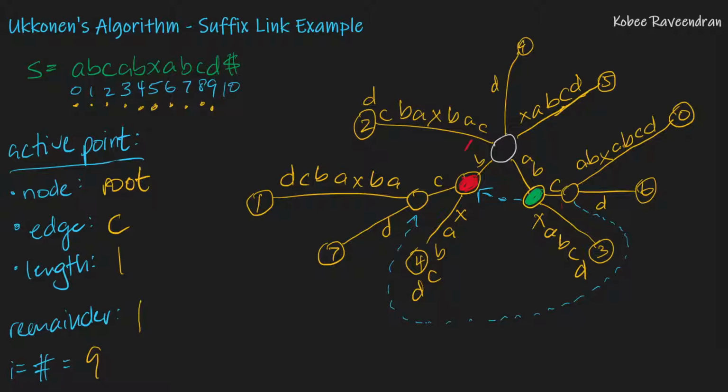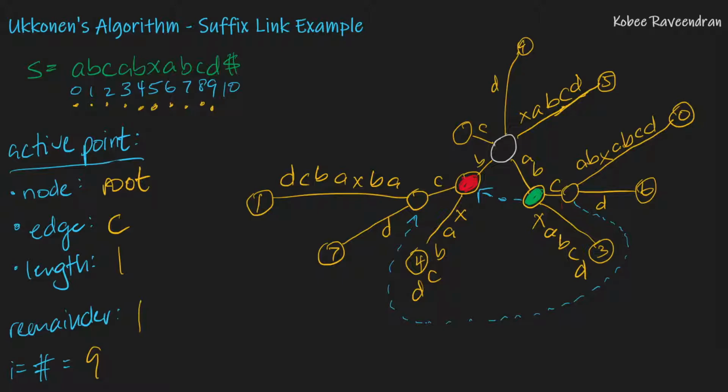So let's go ahead and make the branch, since we know that the characters on the edge differ from the new character we're taking in. So I'll go ahead and erase all this. Make a new internal node. And we had 2 options.